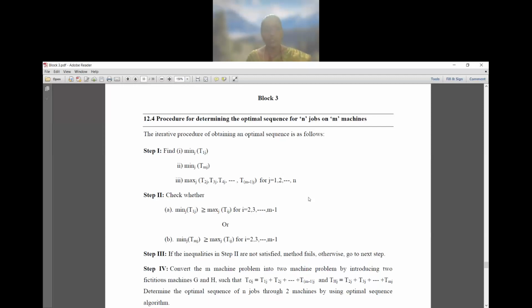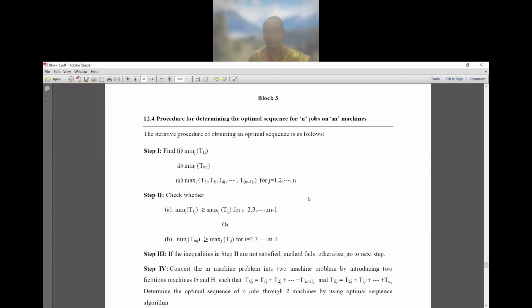The first condition is the minimum of T1j, the minimum of the first machine, is greater than or equal to the maximum of the second machine up to the m minus 1 machine. Suppose in your problem three machines are there, so we have to check whether the minimum of the first machine is greater than or equal to the maximum of the second machine, or the minimum of the third machine is greater than or equal to the maximum of the second machine.